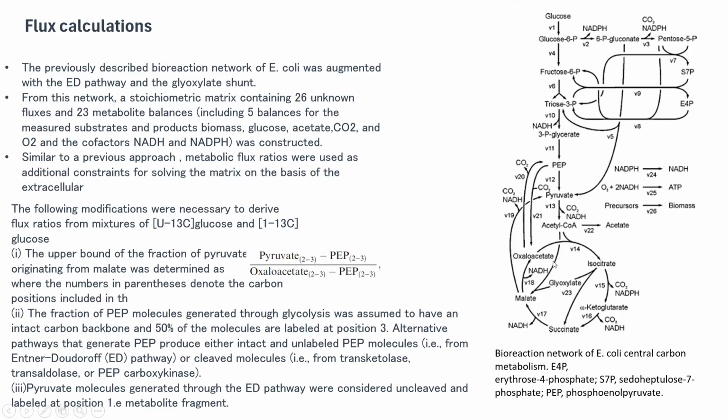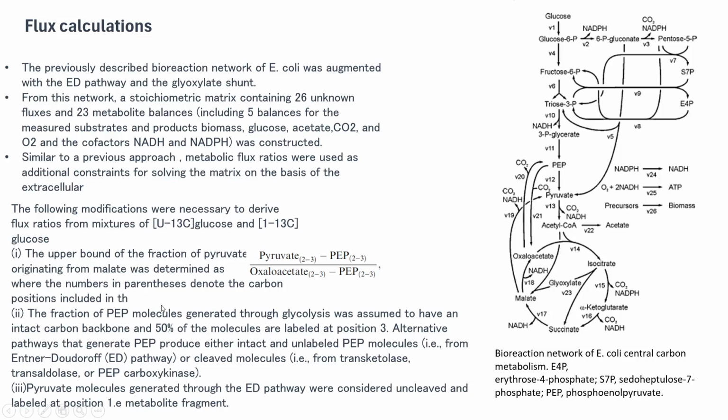So basically your PEP is here, your pyruvate is here. So pyruvate minus PEP and your oxaloacetate minus PEP, because you see oxaloacetate has a direct reversible reaction with PEP. So the upper bound of the fraction of pyruvate originating from malate was given by this expression, pyruvate minus PEP by oxaloacetate minus PEP.